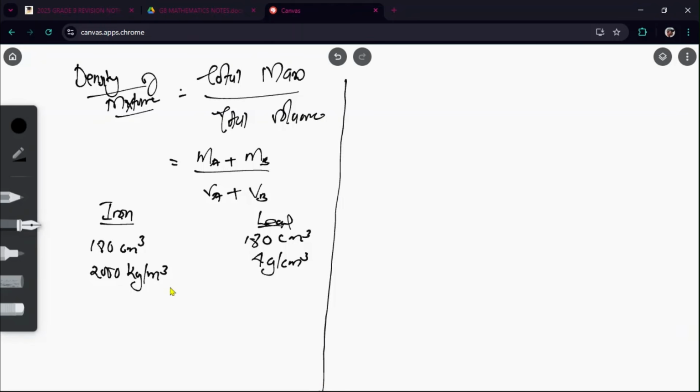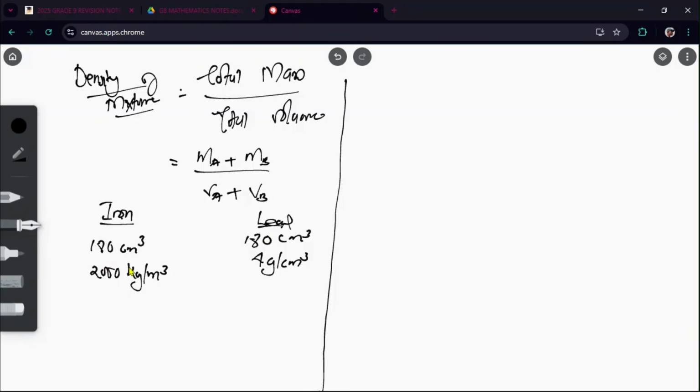Now here, be careful, because most of us normally, if they want the density of the mixture, take the 2,000 and add it to 4,000 or 4 grams. So that is very wrong. When you are having a density of a mixture, you take the total mass. So we need to get the mass of iron. We add to the mass of lead metal.